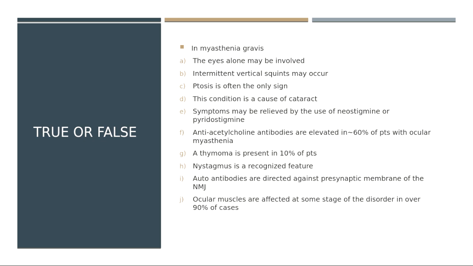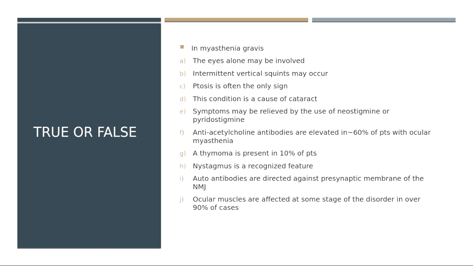I suppose you could say it's false. Okay, thank you. Right, so you can get some pendular movements at the extremes of gaze, which we sometimes describe as nystagmoid, where you get some sort of seesaw motion.